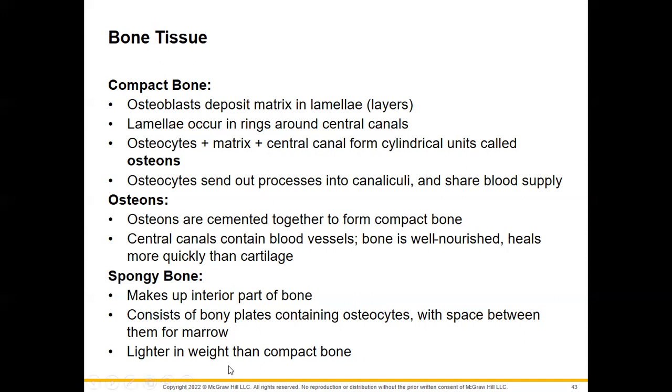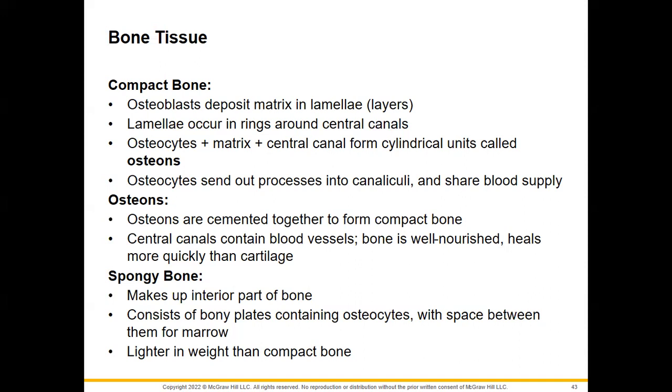Because the bone has lots of little holes in it, which makes it spongy, spongy bone is going to be lighter in weight than compact bone. Compact bone, there are no spaces, everything is filled. So between the osteocytes in the lacuna, the compact bone is going to have this hard extracellular matrix made up of the calcium and other salts and the collagen.